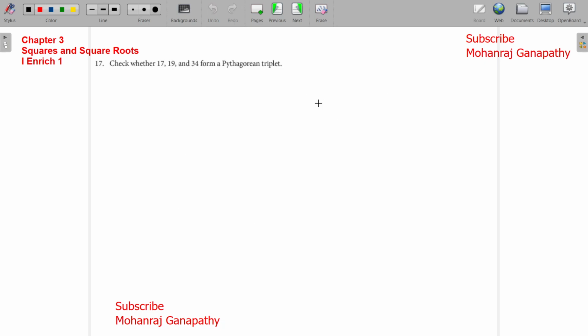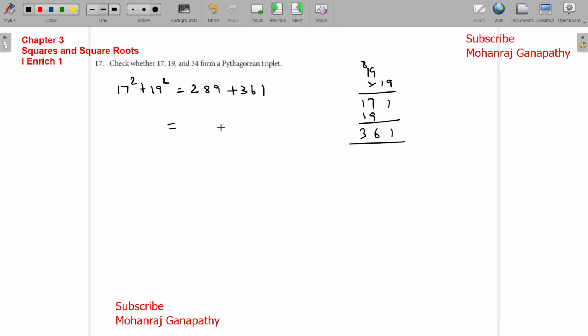17th sum. Check whether 17, 19 and 34 form a Pythagorean triplet. So 17 square plus 19 square is equal to 17 square is 289, 19 square is 361. 289 plus 361 equals 650.